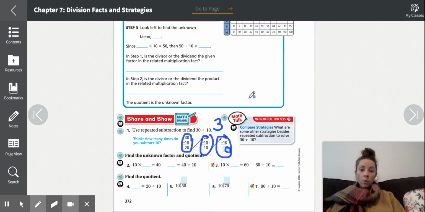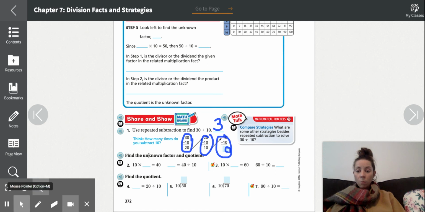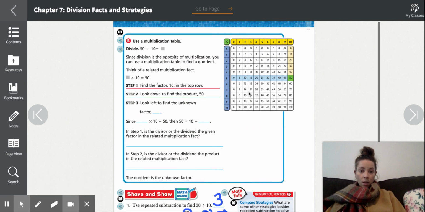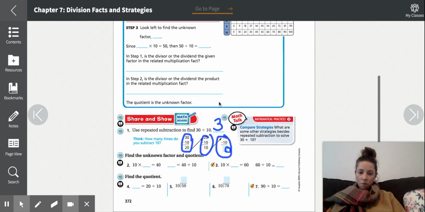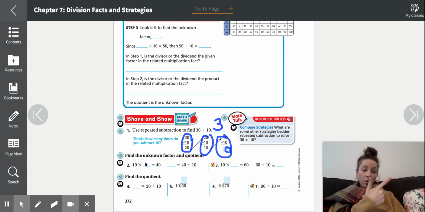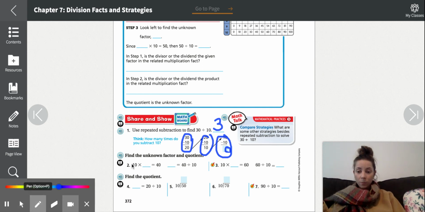I can go up to my multiplication table, find the 10 as a factor until I get to 40, the product, and then what's the other factor that matches with it? A 4. Or you could say, how many times do I count by 10 to get 40? 10, 20, 30, 40, 4 times.